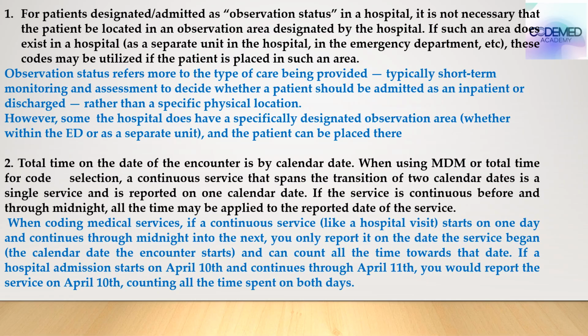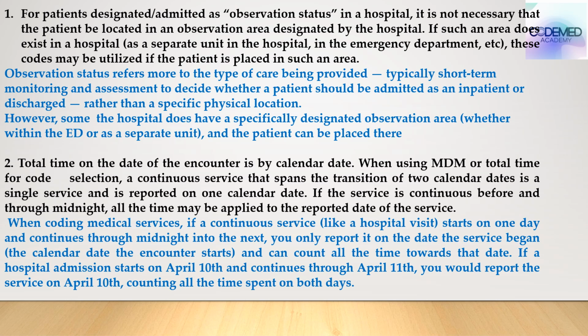So let us understand a few guidelines and concepts related to these codes. For a patient designated as admitted in observation status in the hospital, it is not necessary that the patient be located in an observation area designated by the hospital. If such an area does exist in the hospital, like a separate unit in the hospital or in the ED department, this code may be utilized.